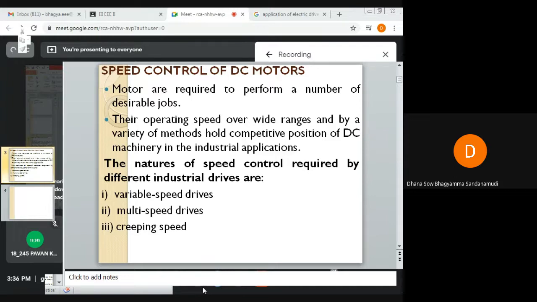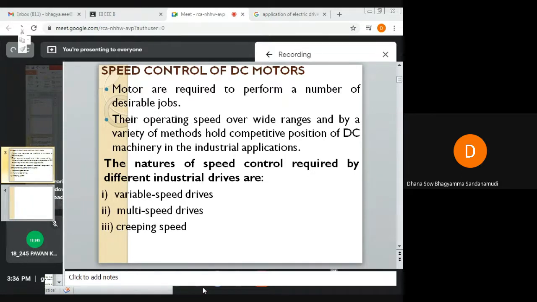So the nature of the speed control required for different industrial drives are variable speed drive, multi-speed drive, and we can even call it creeping speed drive.